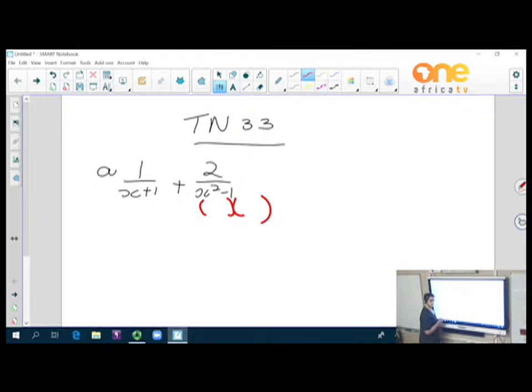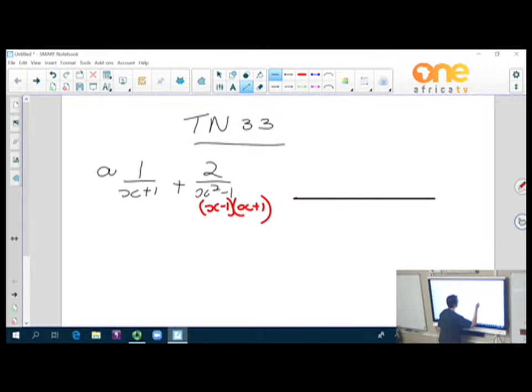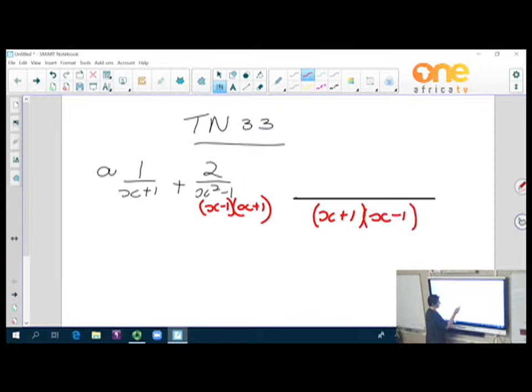This is again the difference between squares, which is then x minus 1, x plus 1. So now my LCM is, I need x plus 1, but I also need an x minus 1. It's not necessary to take another x plus 1. This is the lowest common multiple.